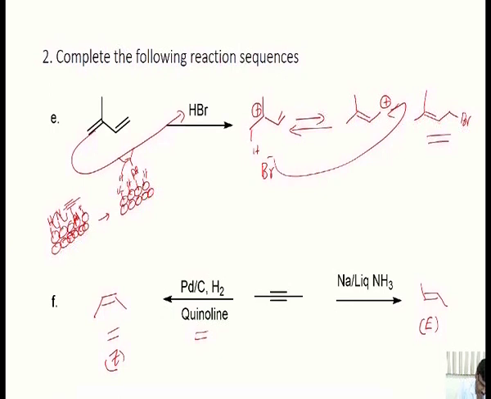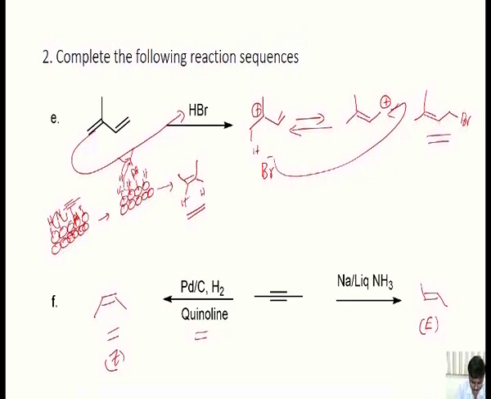Once you form this one, now it can undergo reaction here and you will be able to form the product. The hydrogenation takes place on the same face of the alkyne. You get the cis alkene as the product.